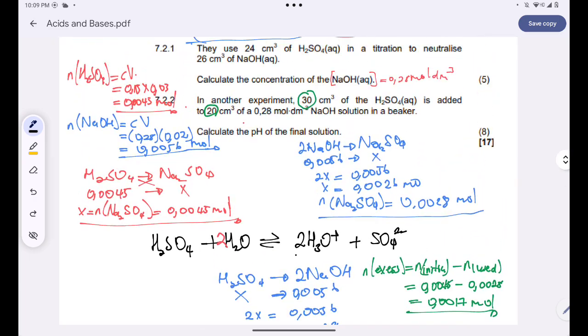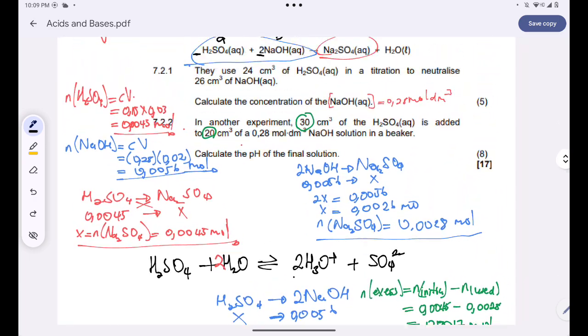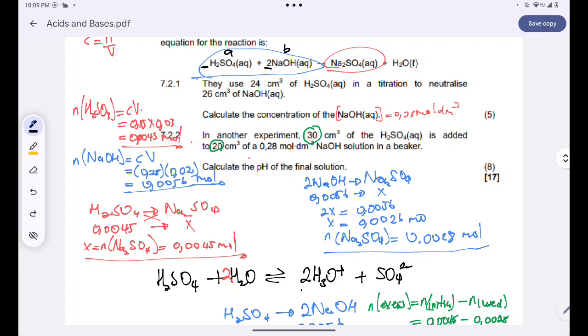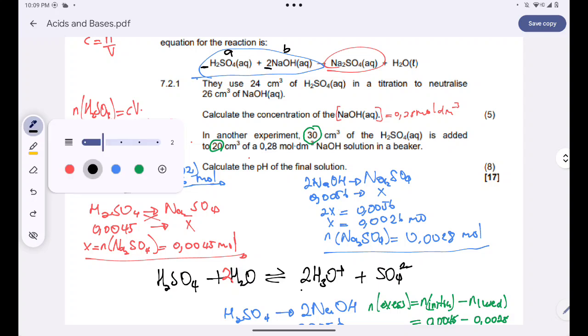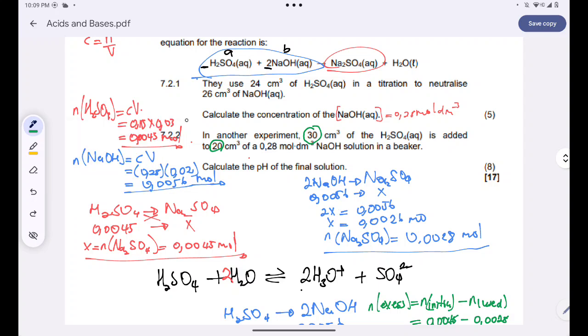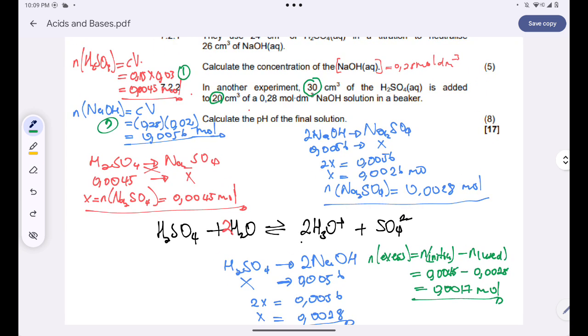This work was tedious, no? However, the first thing that I did, let me number this in green, was to find the number of moles of the acid. Secondly, the number of moles of the base. Then after that, I had to identify my limiting reagent. Are you together?